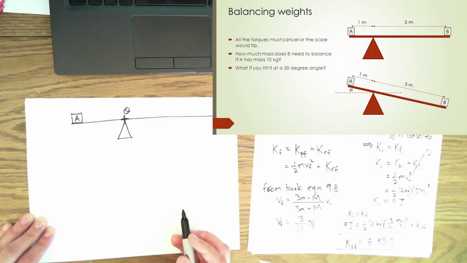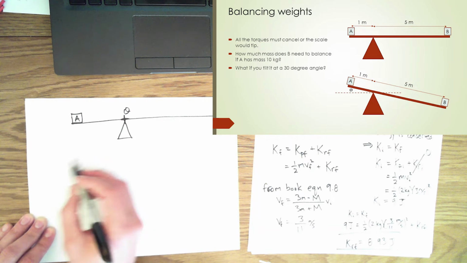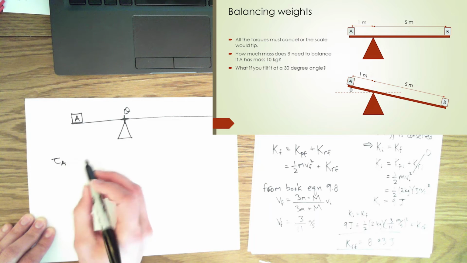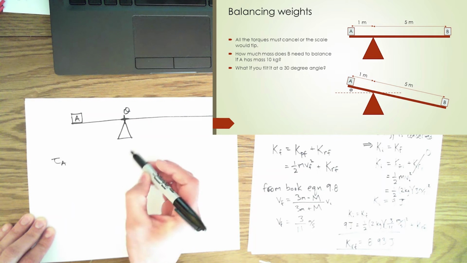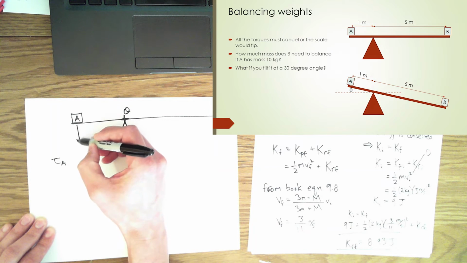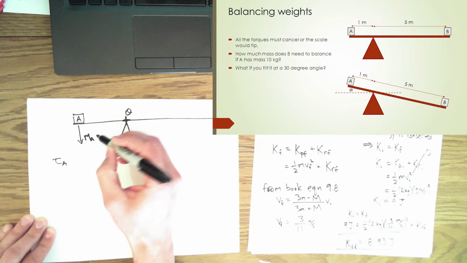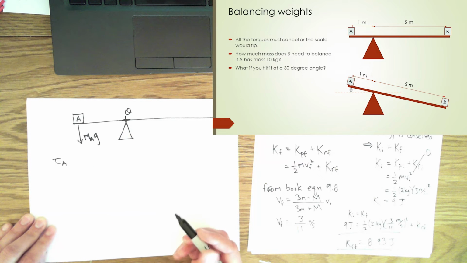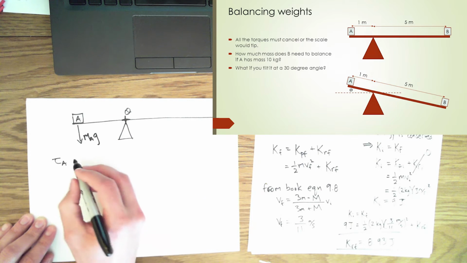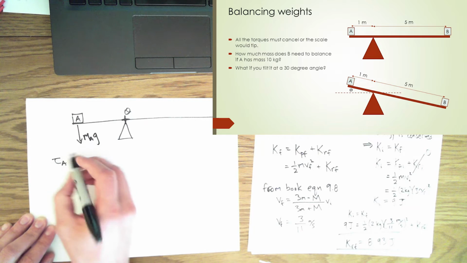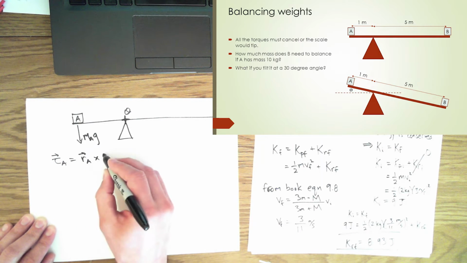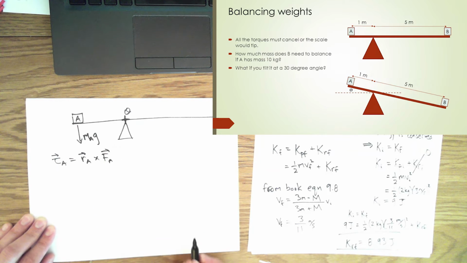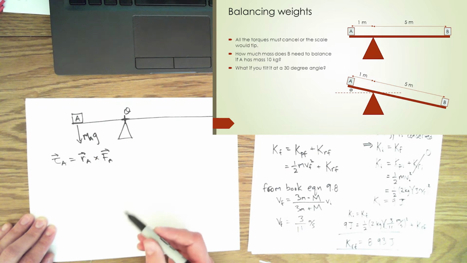And that means then that the torque on block A is going to be given by the force on block A, which in this case we're imagining gravity, so that's going to be m_A times g pointing downward. So that torque is, remember, r_A cross the force on A. That's the general formula for how we would write the torque on this side.